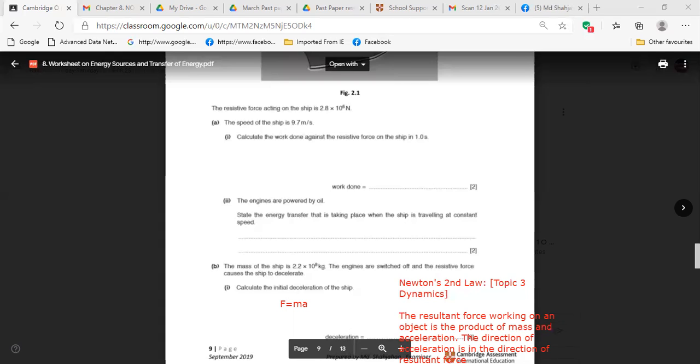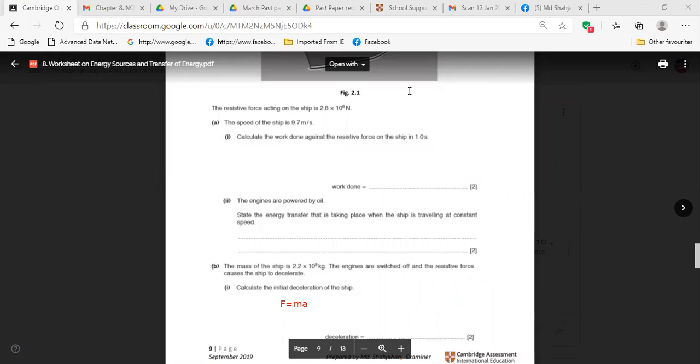Yes, sir, done. So what you wrote, can you say again? The resultant force working on an object is the product of mass and acceleration. The direction of acceleration is in the direction of resultant force.